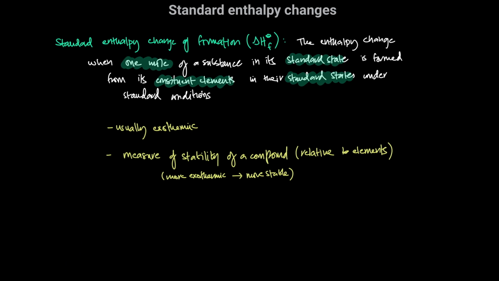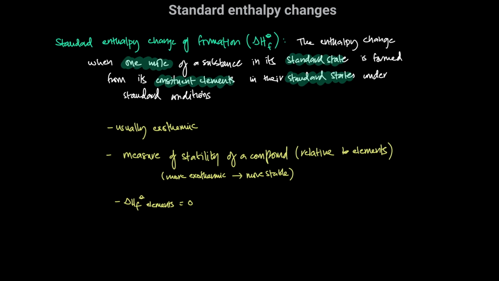The last thing to note here is that the enthalpy change of formation of any element is equal to 0. That obviously follows from the definition: when 1 mole of a substance in its standard state is formed from its constituent elements in their standard states.